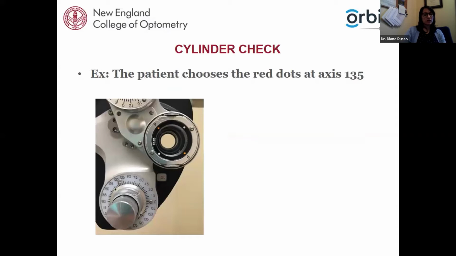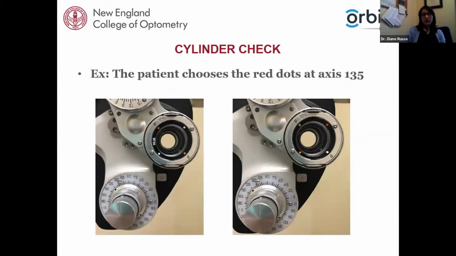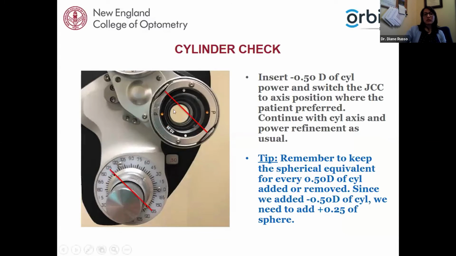So you show them the choices at axis 135, you show them the red dots and then the white dots, so choice 1 and choice 2. And let's say they choose 1, they choose the red dots here. That means that they do want the cylindrical correction here. So what you would do is now switch the JCC to an axis orientation and add half a diopter of cylindrical power.